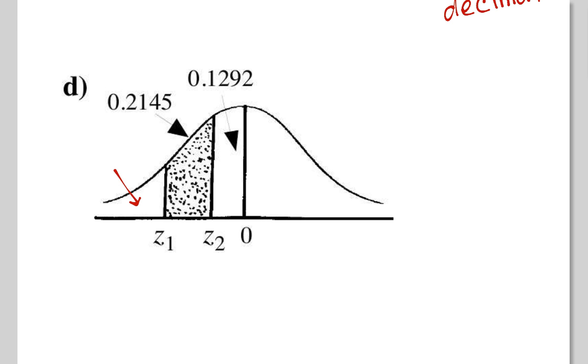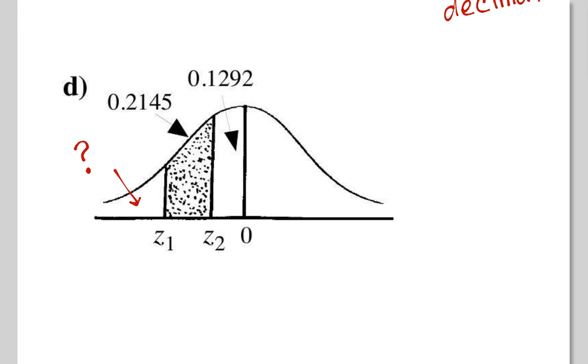Yeah, because if you start at 0 and go all the way left, these 3 subsections would all have to add up to 50%.